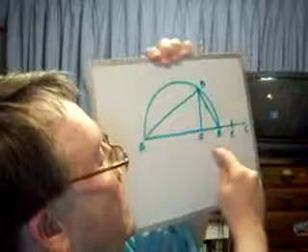Okay, so this line is medial, and so is this. They are commensurable in square only.